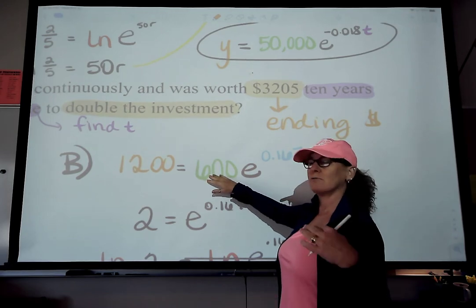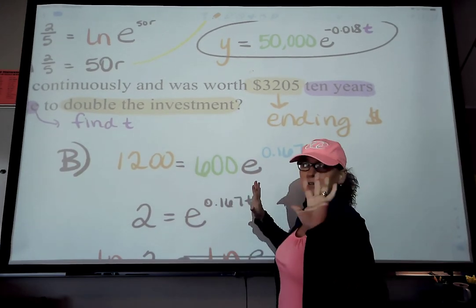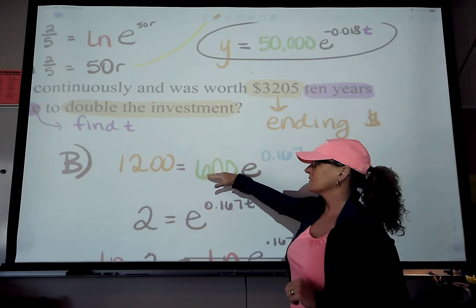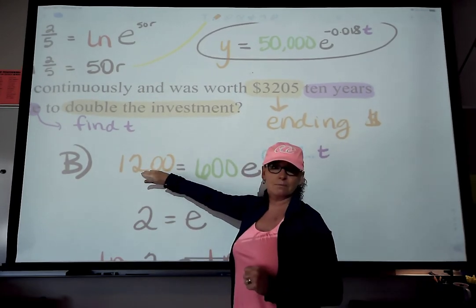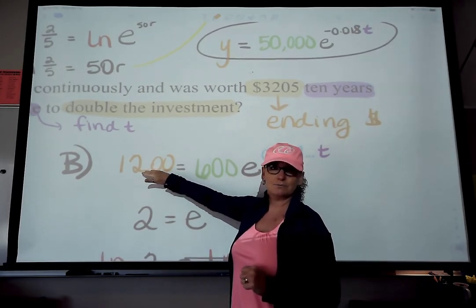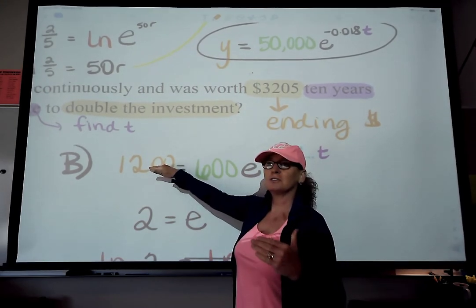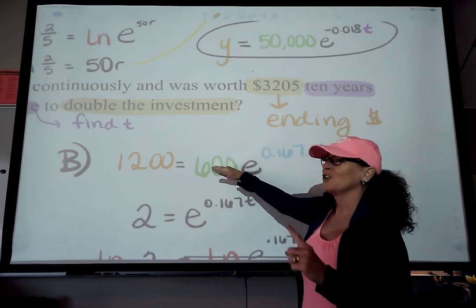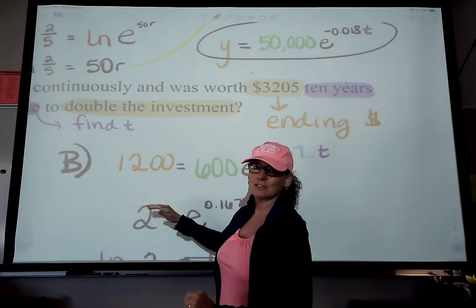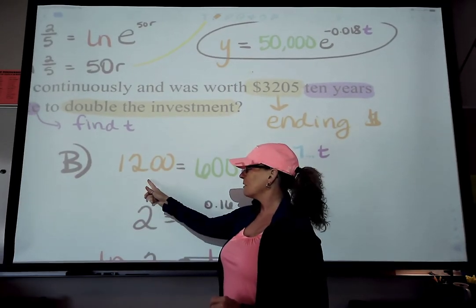Well, let's kind of figure it out. Won't do any math. I'll put my pencil down. Let's say this was 2,000. What would this be? Good job. 4,000. What's the first thing you're going to do to find out how many years? You're going to divide by 2,000. What's 4,000 divided by 2,000?